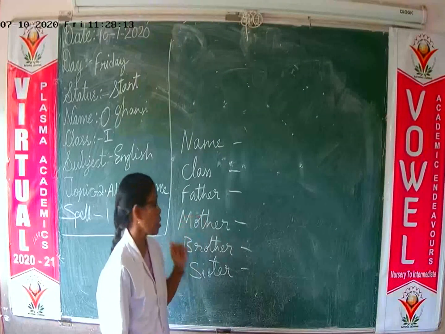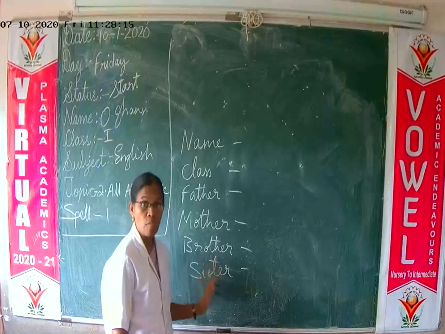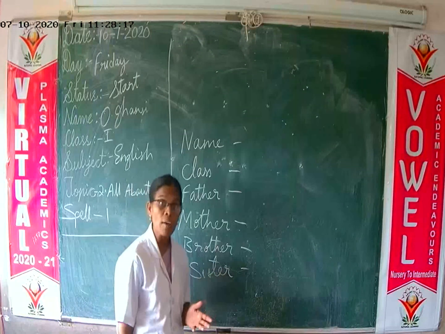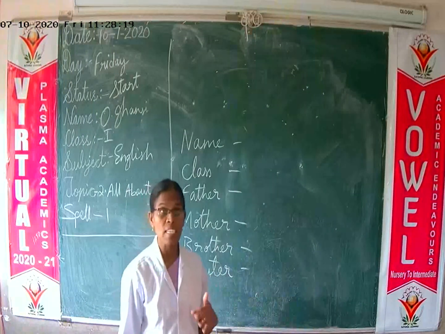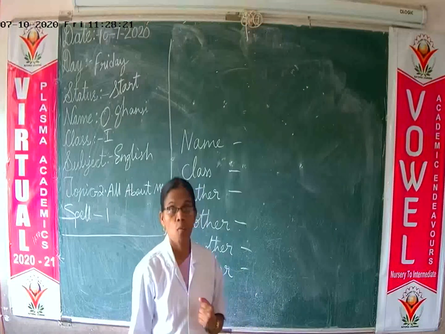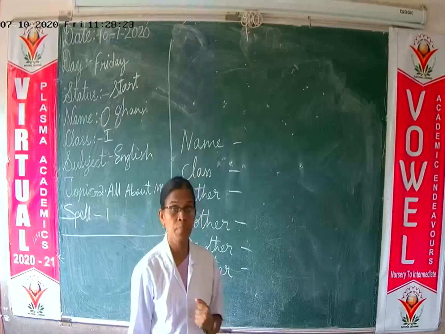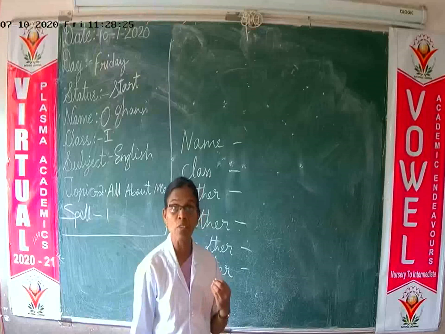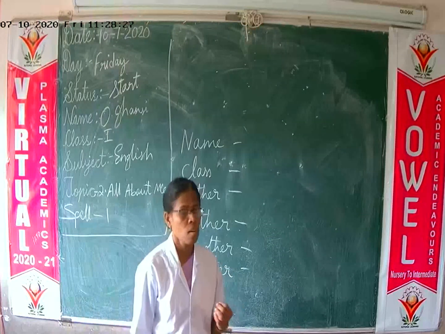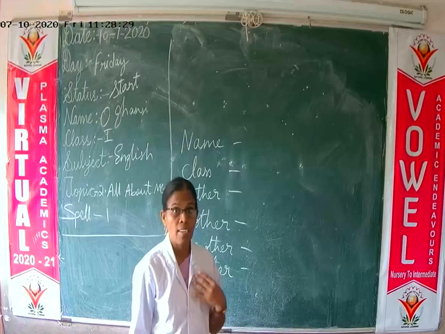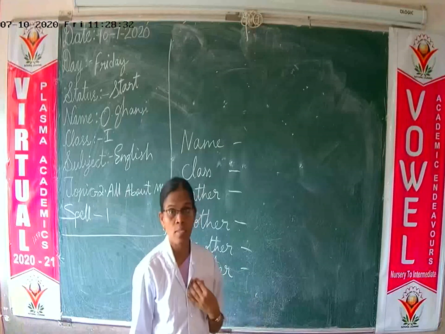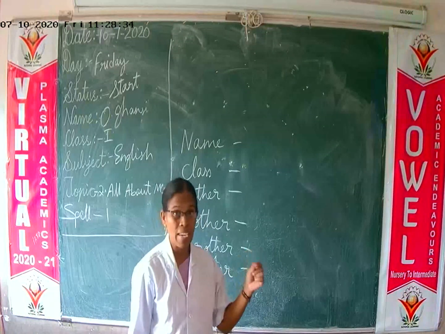Next, after that, at last, if you are interested, you can tell about your hobbies. What is a hobby, children? It is something in which you are interested the most. Like I told you, I like reading storybooks. I like painting.